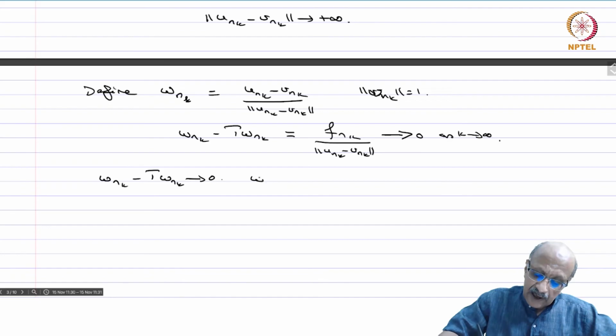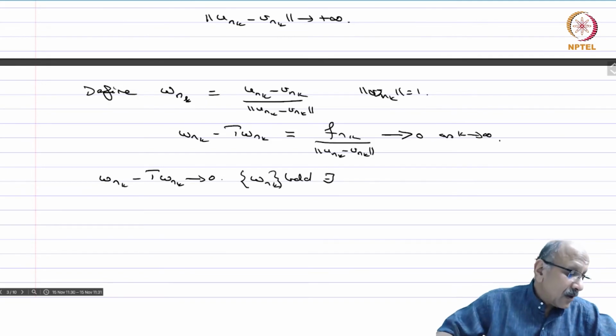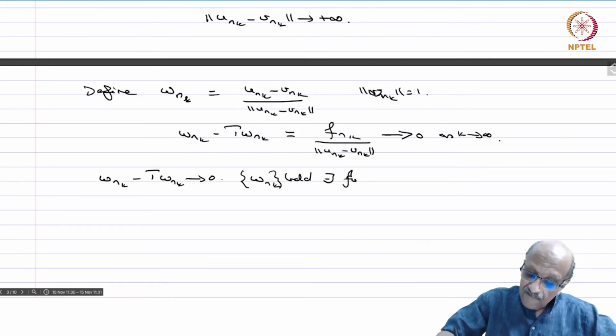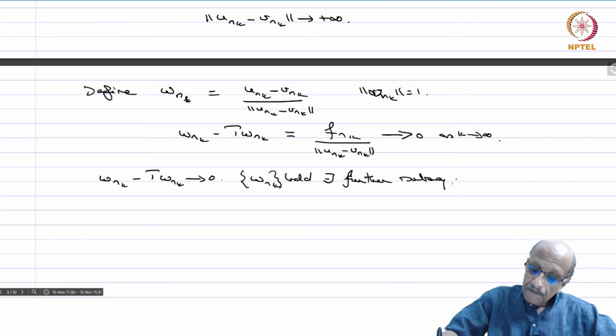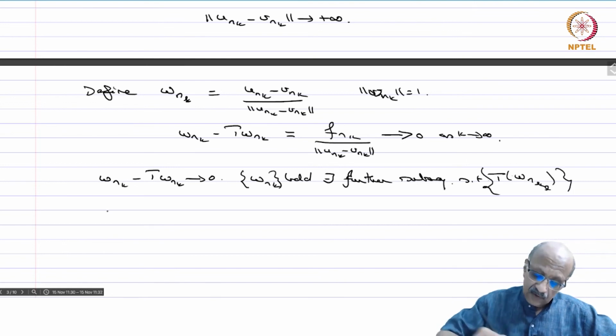Now Wnk is bounded because it's of norm 1. So there exists a further subsequence such that T of Wnkl is convergent.